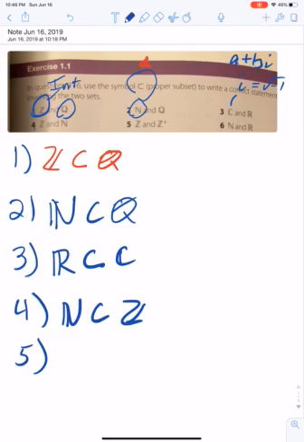Number 5, Z and Z plus. Here you see the plus. This basically means only positive, so that won't include 0. So it's not quite the same thing as the natural numbers.